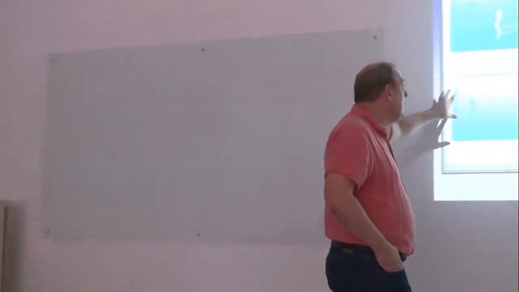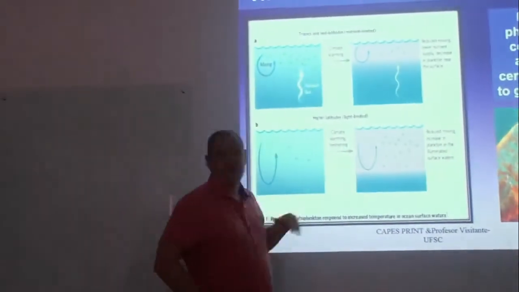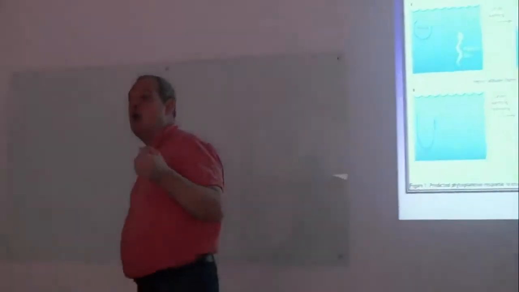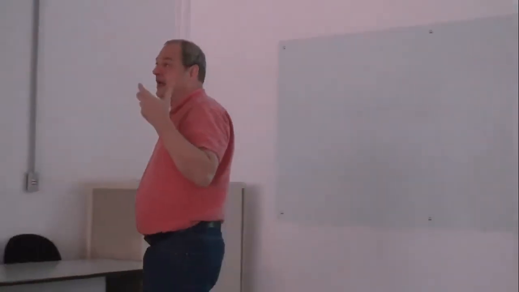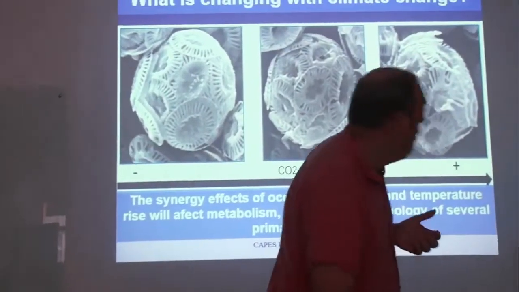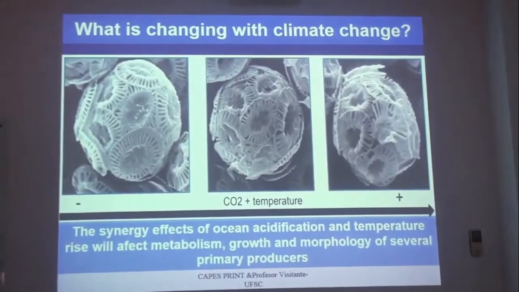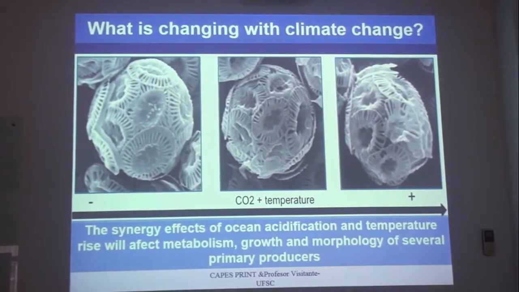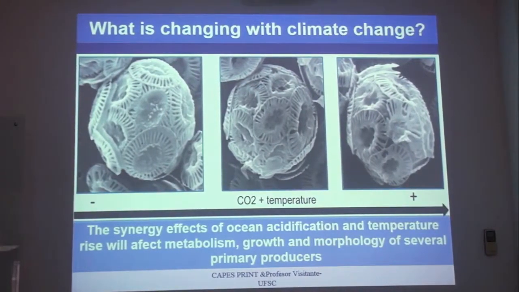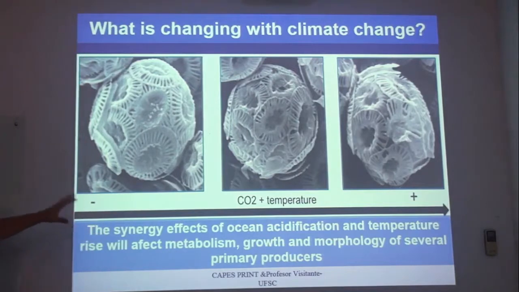All the other steps in the trophic chain depend on phytoplankton, which is changing even its species composition, the biomass, and almost the structure of the cells, because of global warming and also ocean acidification. The synergy effect of acidification and temperature rise will affect metabolism, growth, and morphology of several primary producers.